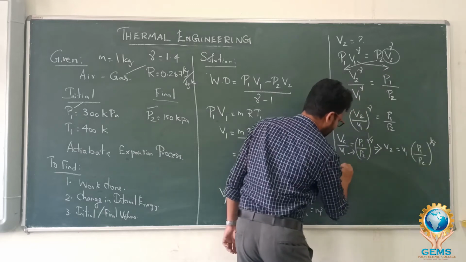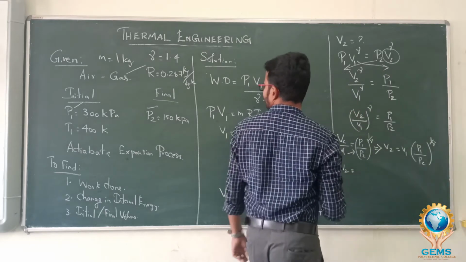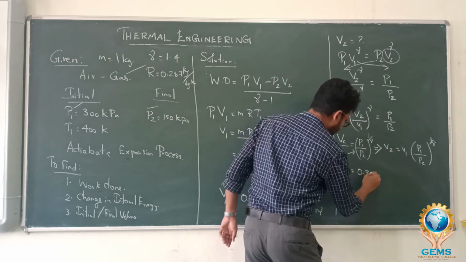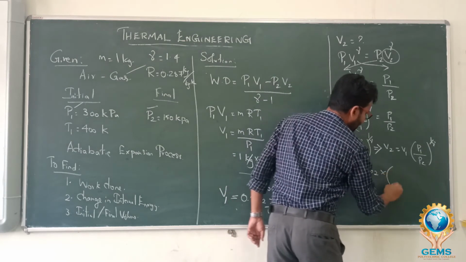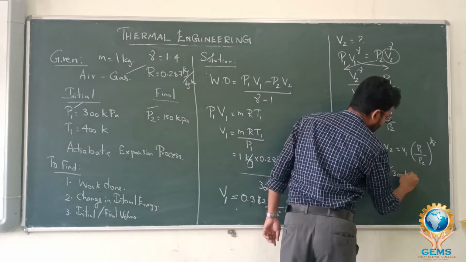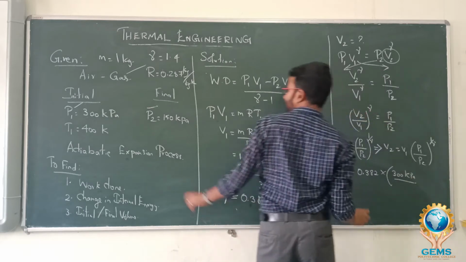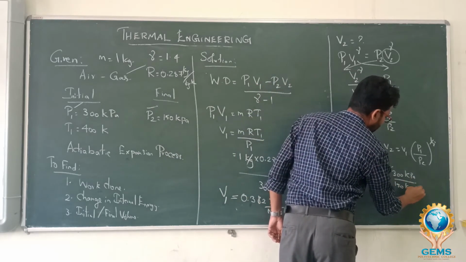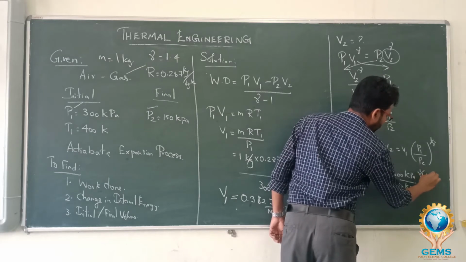So V2 equals the V1 value 0.382 into the P1 value 300 kilopascal divided by the P2 value 150 kilopascal, to the power 1 by 1.4.